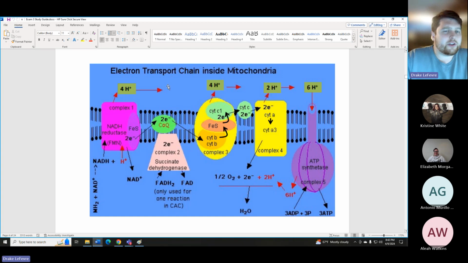We've used the energy of the electron to pump hydrogens up and across that inner membrane into the intermembranous space. And what we've created is an electrochemical gradient. That's a fancy way of saying we got a bunch of stuff on one side, not as much on the other side, and it wants to go from the high concentration to the low concentration.